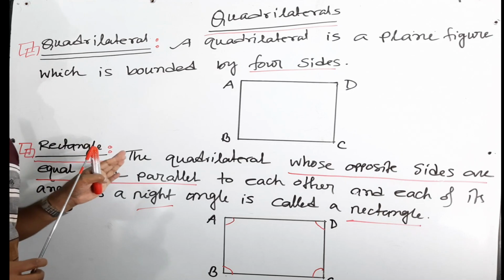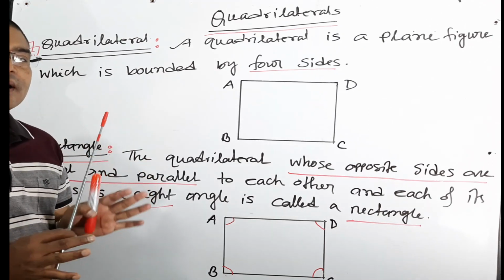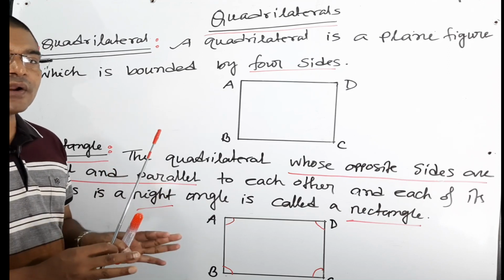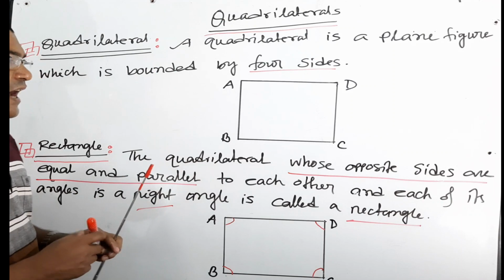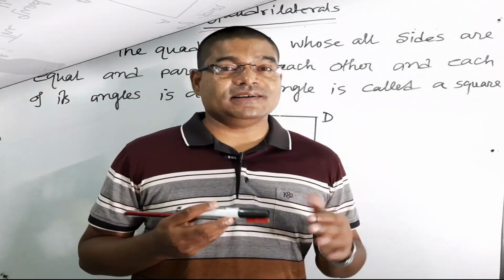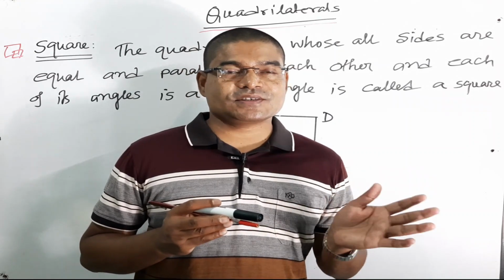Now we will have to know the definition of rhombus, square, parallelogram and trapezium. So let's come back. Already we have learned rectangle. Now we will have to know the definition of a square.